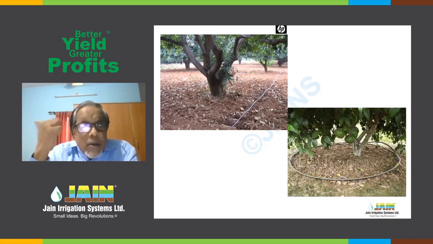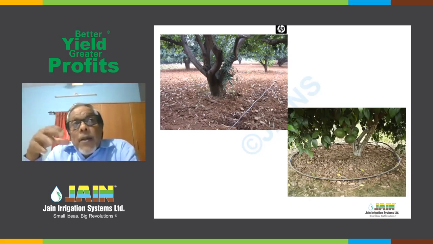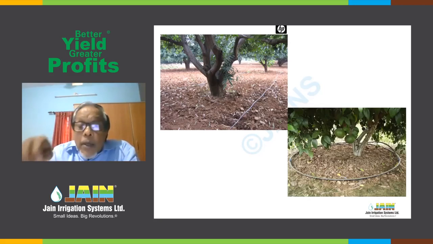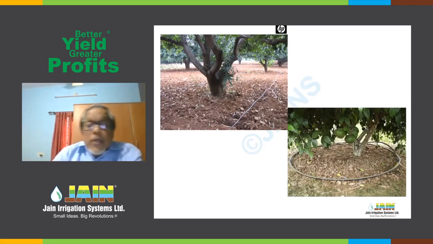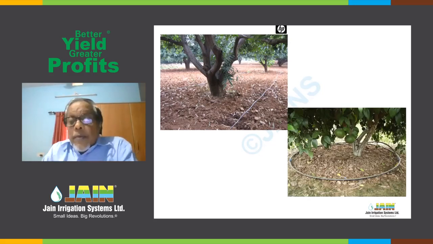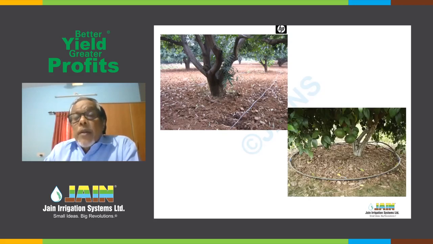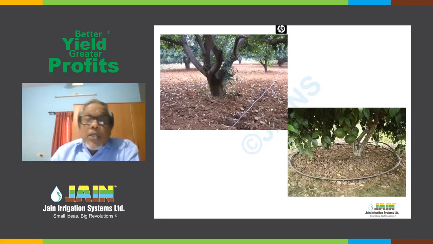What he does not see is wetness spreading over the top surface and going up to the tree trunk. It is not required. In fact, I had a similar experience when I was working in our neighbor country, Pakistan, where we drip irrigated a large extent of orchards: citrus orchards, kinnow orchards and mango. Initially they used to ask this question, your system is not giving enough water, because we had just replaced their conventional irrigation system.